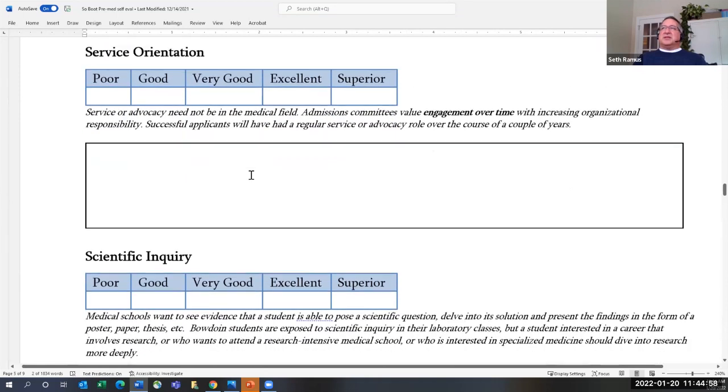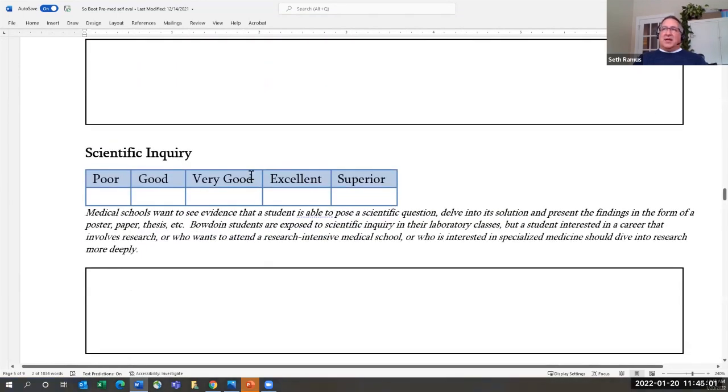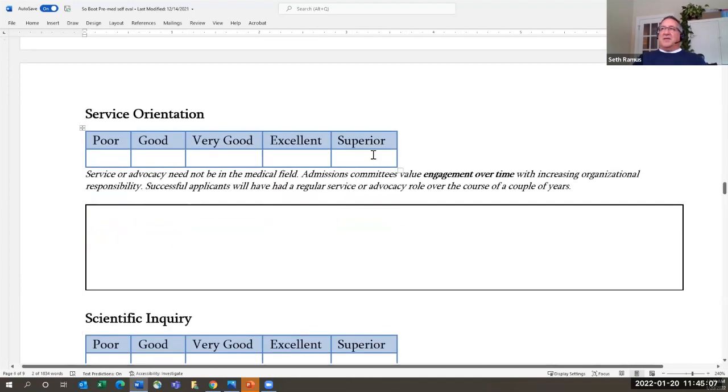Service orientation, scientific inquiry, right? I'm not looking for everybody to be superior on all of these metrics. That is not the purpose of this.